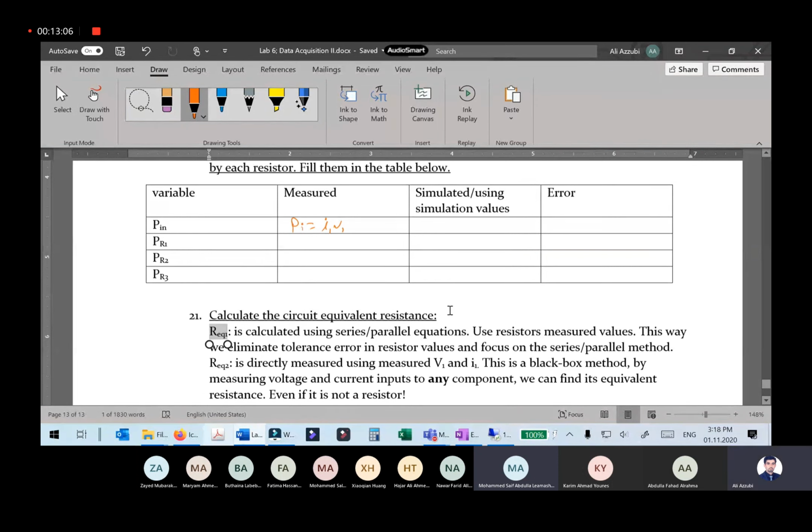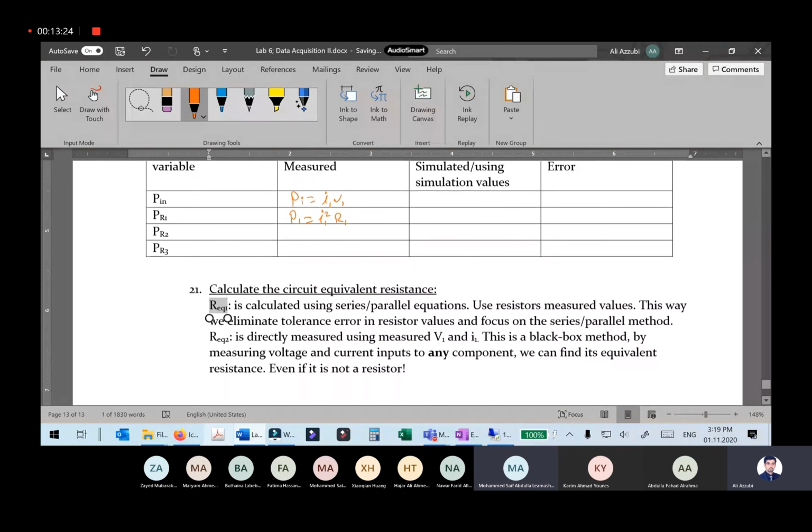P1 you can say I squared R, I1 squared R1, like this, with measured I and measured R. So to me it's fine if you say V squared over R, it's fine.